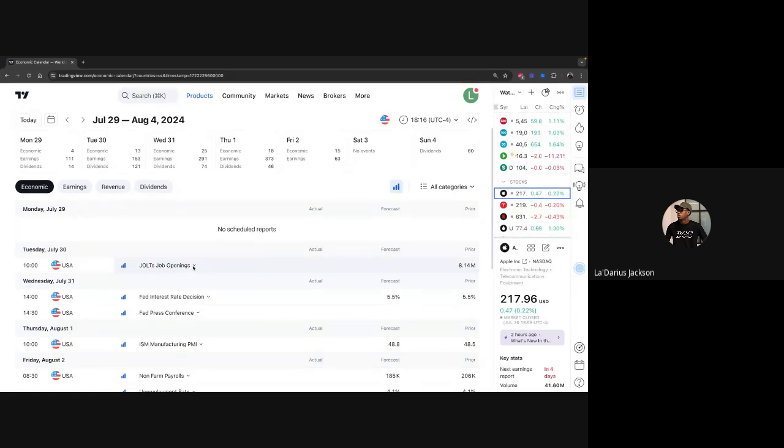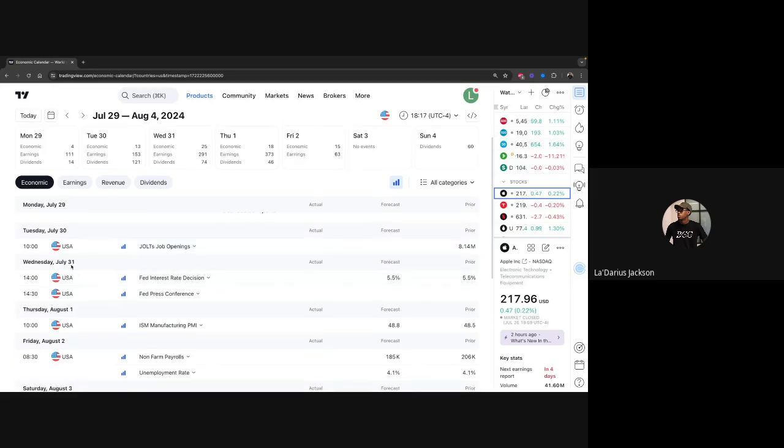And right now we're trying to push for a rate cut. I'm hearing September, could be November. But if the job openings or any job related report comes in to the right tune, then we can get that rate cut. So on the 31st, Wednesday, we do have the Fed speaking.